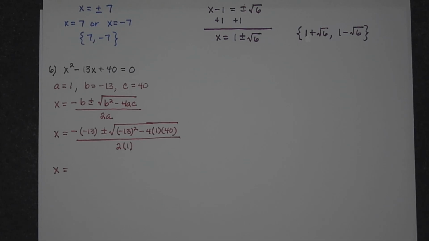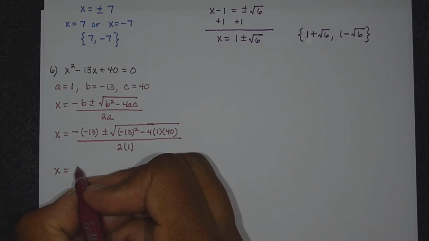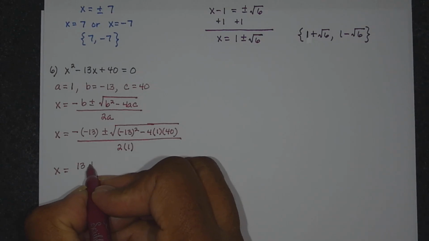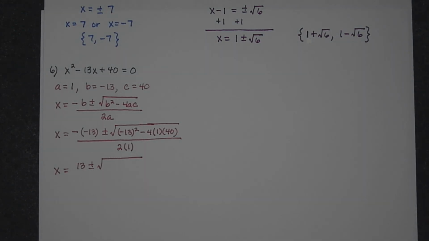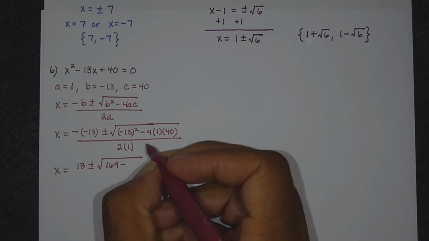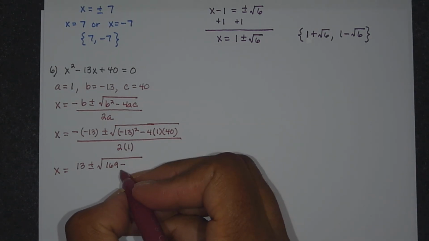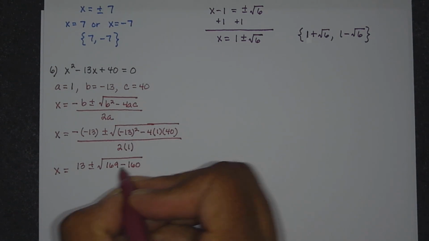Now let's simplify all of this here. Negative of negative 13 is 13, plus or minus the square root of. What's negative 13 and you square it? 169. Minus, what's 4 times 1 times 40? 160.